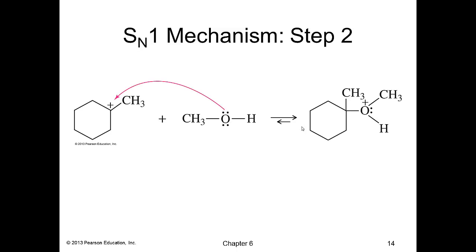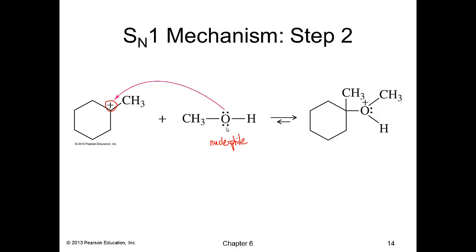After that, you have the nucleophile doing a nucleophilic attack on the carbocation intermediate, on the positively charged carbon, and the part of the nucleophile that is doing the attack would be the lone pair of electrons or any atoms that contain the negative charge.